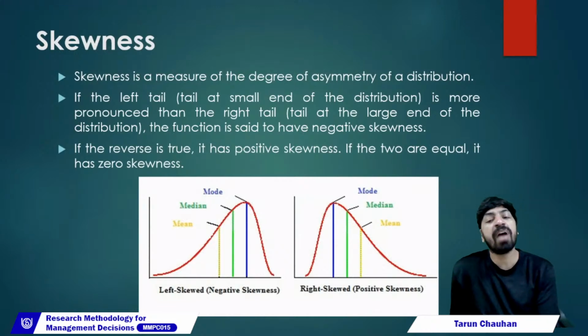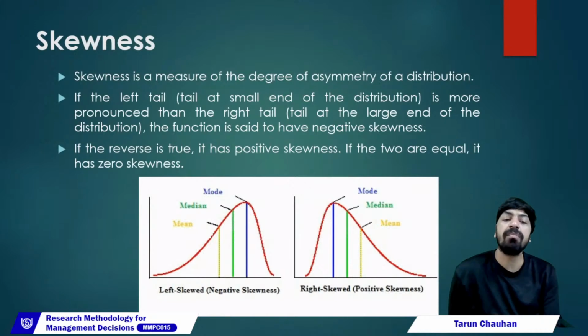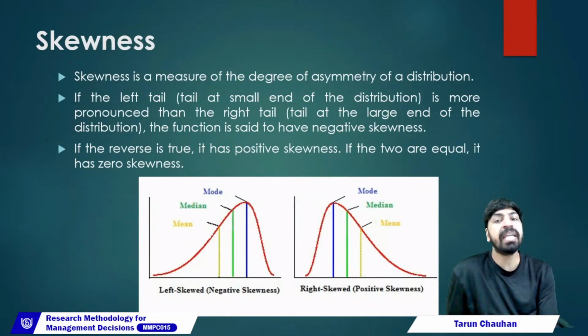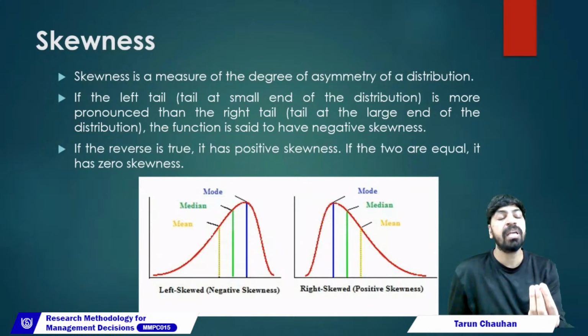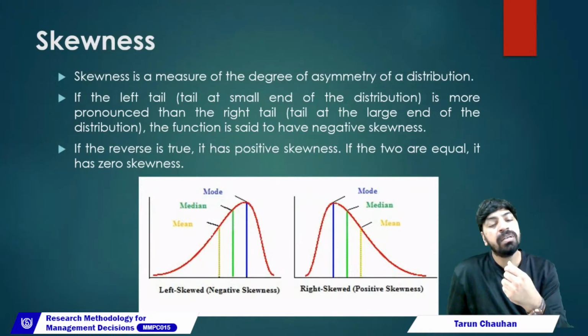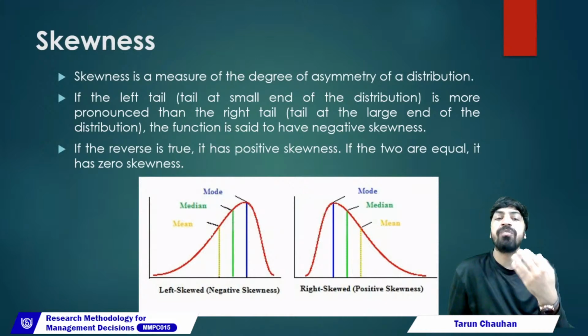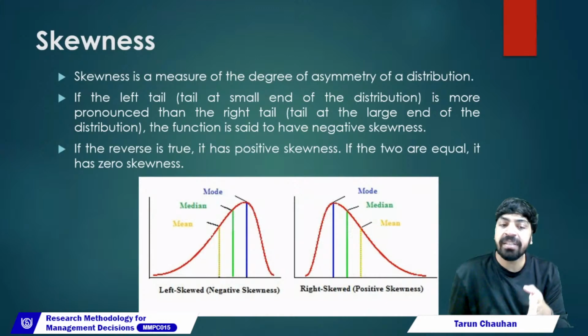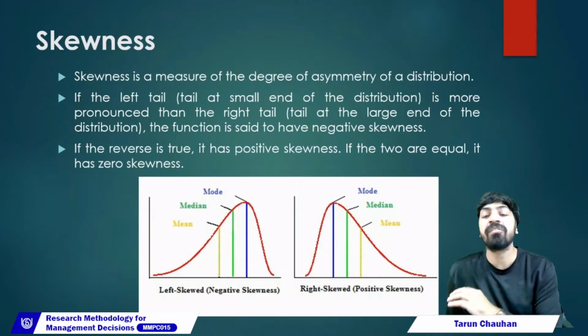When we talk about right skewed, it is called positive skewness, and when we talk about left skewed, it is called negative skewness. Skewness is a measurement tool to know how much change occurs in a data set or data distribution, whether it would be a V shape or a U shape, or whether it would be flatter on the left side or flatter on the right side.